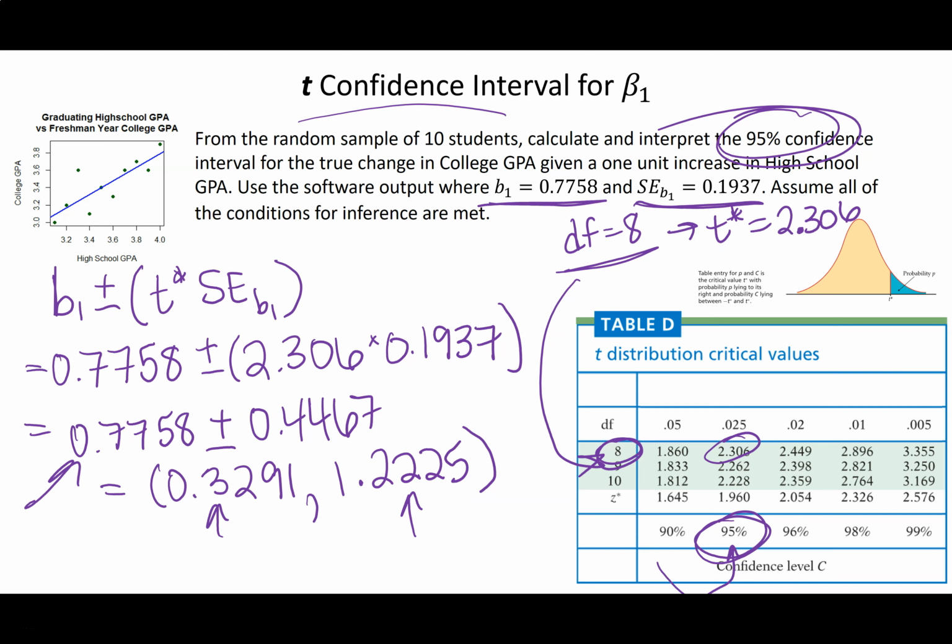So that would be our interpretation there in context. It's quite literally combining the confidence interval format with the how to interpret a slope format. So I know I've definitely starred both of those slides. Take a look at them.